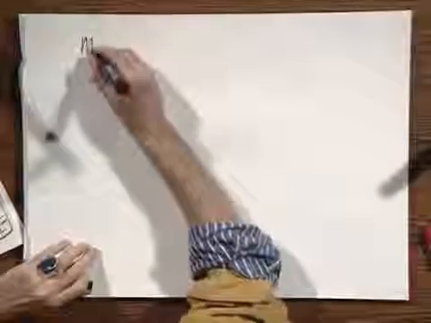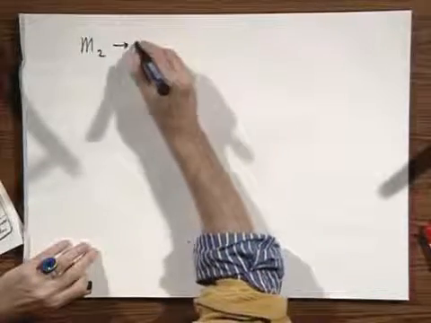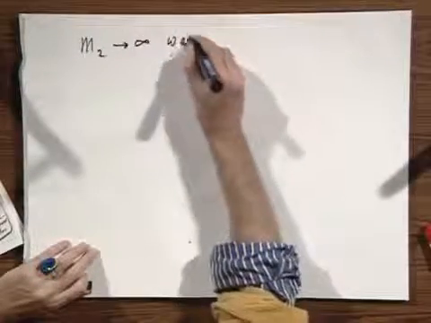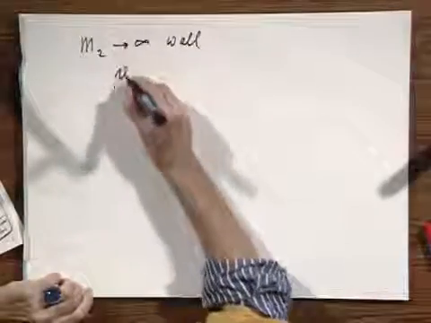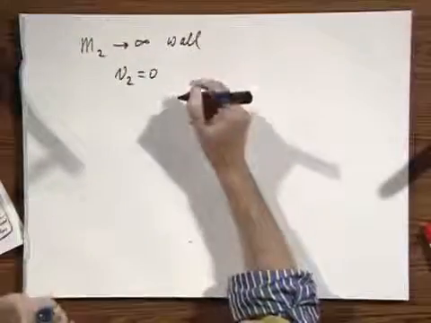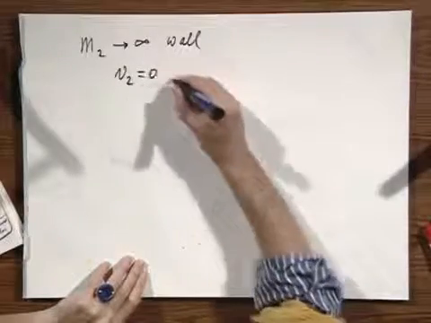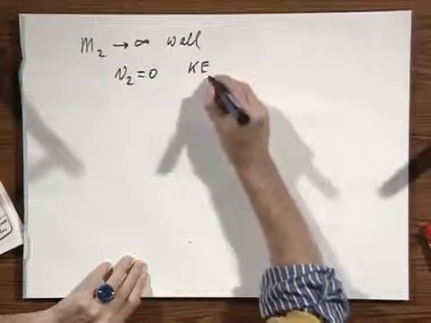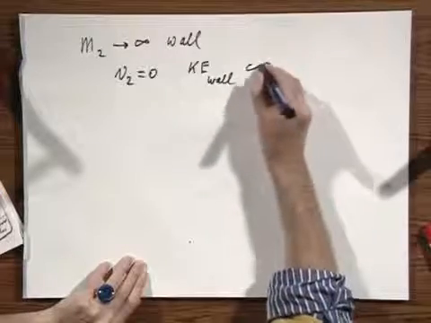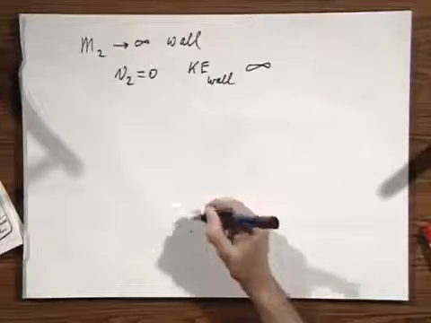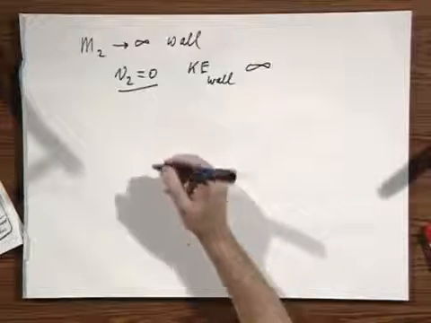Now we'll take an extreme case, that M2 goes to infinity, so we have a wall. Now obviously V2 is 0, the wall is not moving. If the wall were moving, the kinetic energy of the wall would be infinitely large, so that would be a bit of a problem, so V2 better be 0.